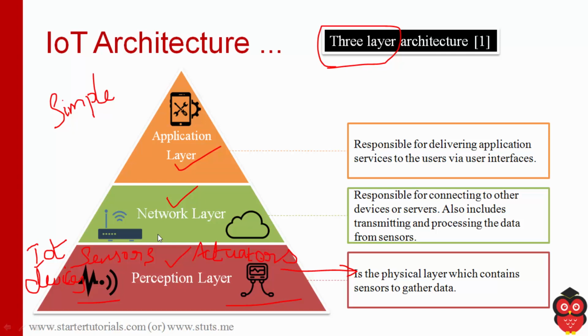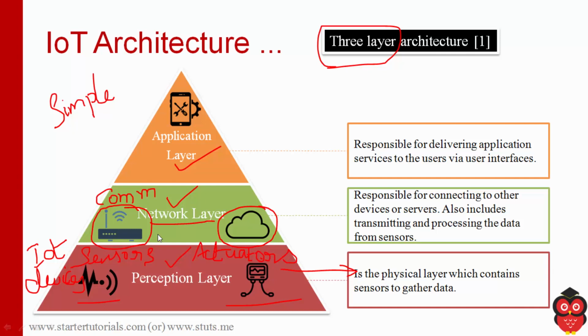So the next layer is the network layer. This is where the communication takes place. You will have routers or gateways, and this cloud symbol represents the internet, or you can say cloud.